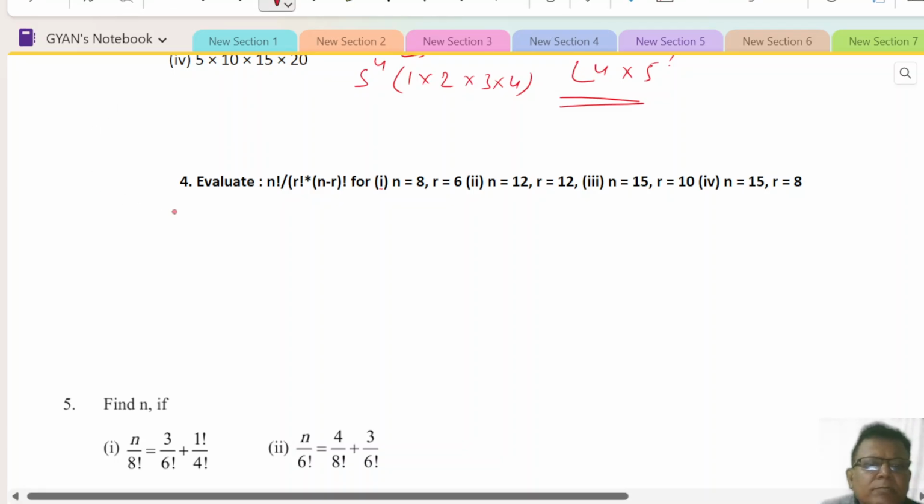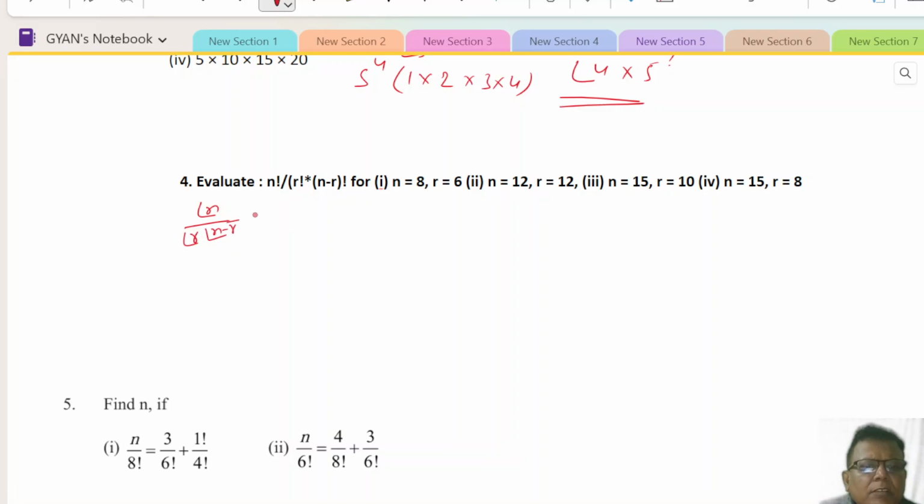Now we'll solve a few questions. First, evaluate factorial n divided by factorial r into factorial n minus r. Actually, this is called nCr also. That we'll learn later. So first we solve this one. So factorial 8 divided by factorial 6 into factorial 8 minus 6, that is 2.